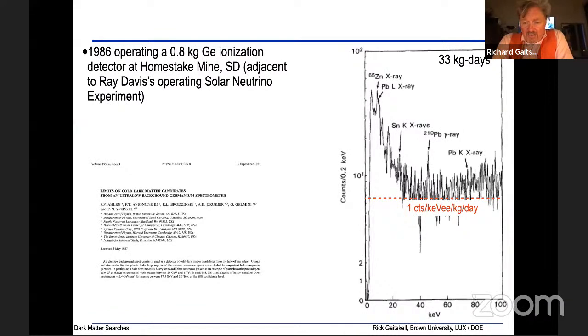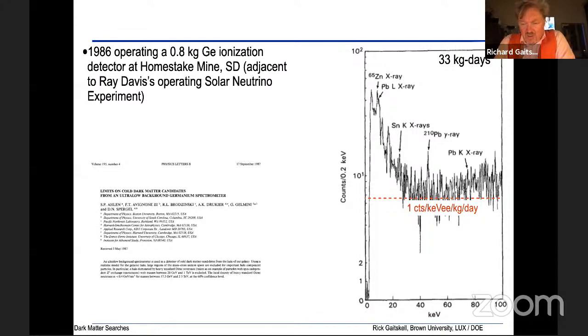It does illustrate very simply the way in which we've been employing the technique. As you see on the right here, it's a conventional germanium ionization detector. At that time, the background that you could achieve was about 1 count per keV electron equivalent energy per kilogram per day of the detector. And as you can see in this case, there was a significant buildup of backgrounds below about 20 keV, which was actually due to intrinsic backgrounds within the germanium.